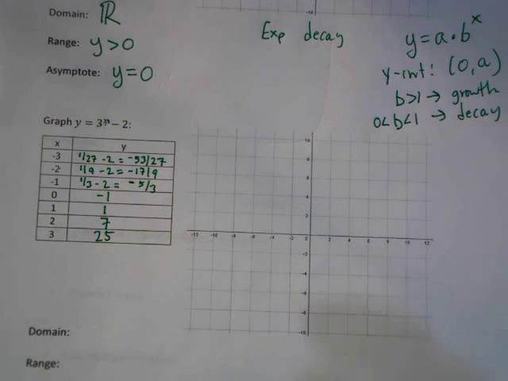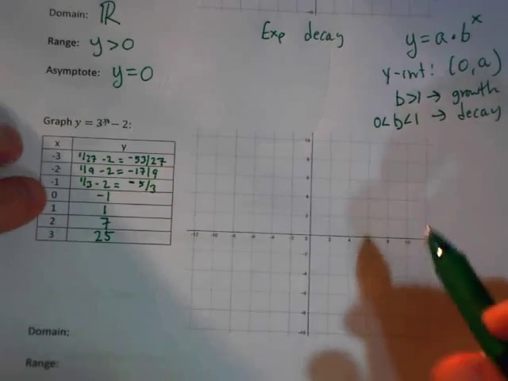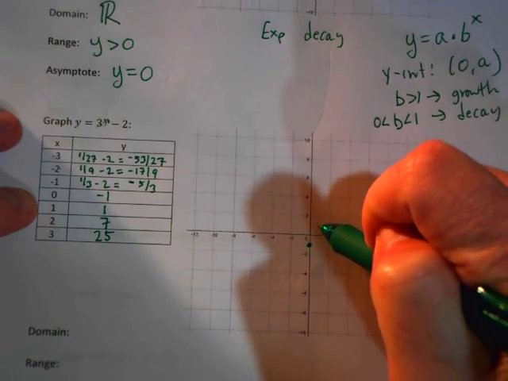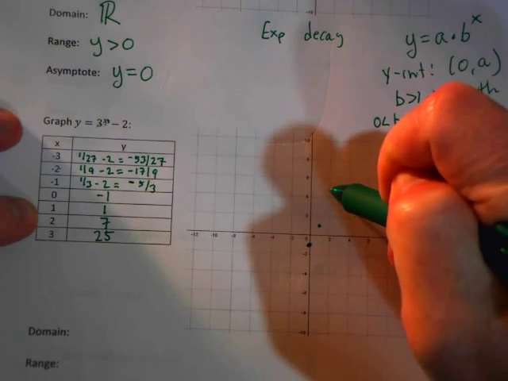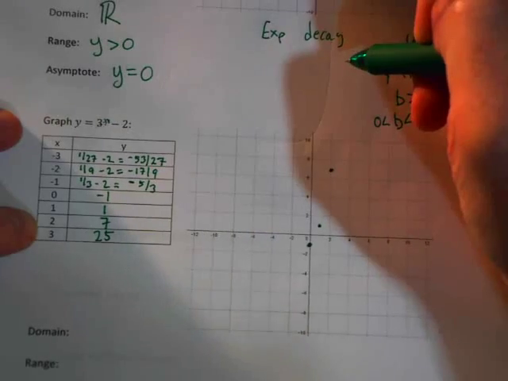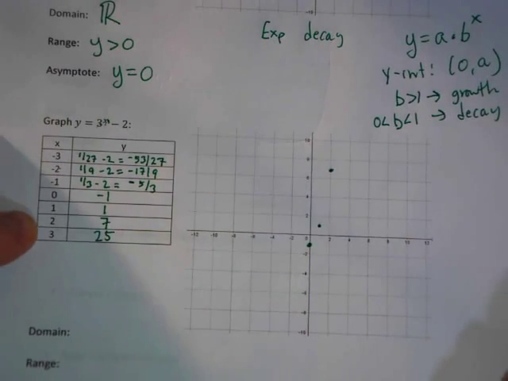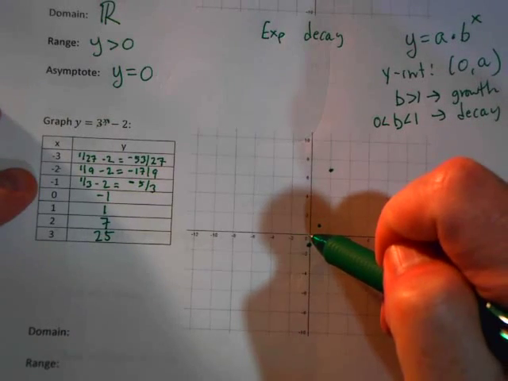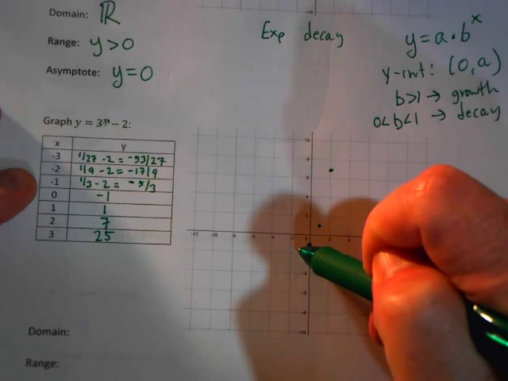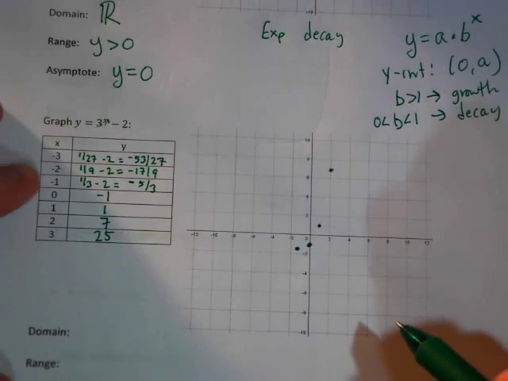Okay, so our graph, start with the nice numbers. 0, negative 1, 1, 1, 2, 7, 3, 25, way up off the grid. And then these ones. Negative 1, negative 5/3. Let's see, that's right about there.